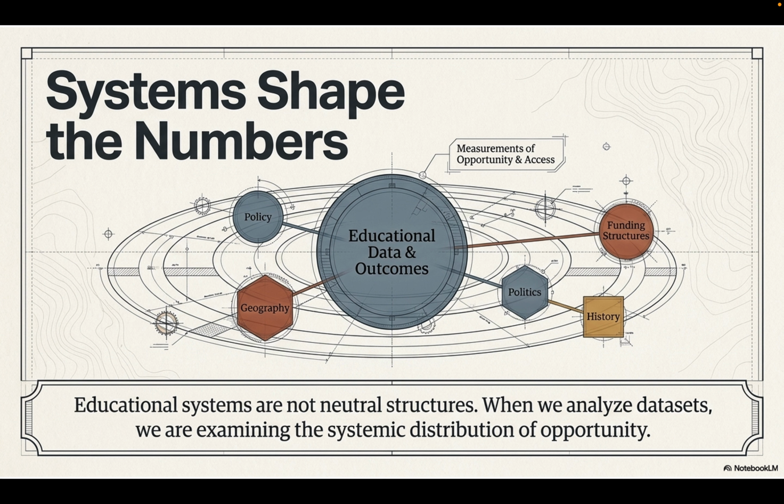Educational systems are not neutral structures. They're shaped by policy, geography, history, politics, and the funding that we receive and the structures around it. When we analyze educational data sets, we're not simply examining numbers. We're examining systems of opportunity and access.